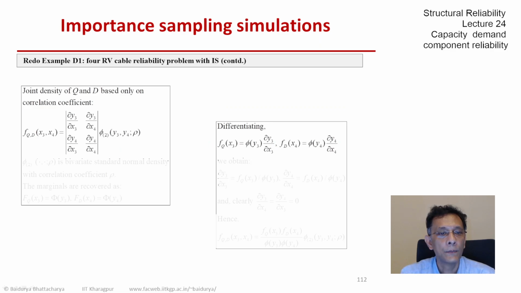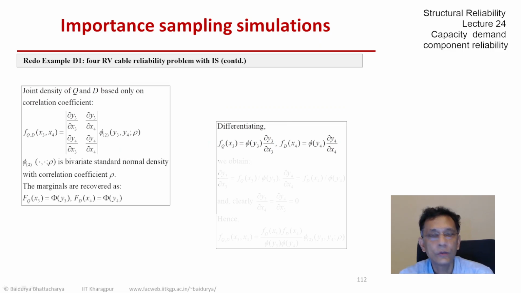Once we have the joint density function, we can obtain the marginal distributions, and the marginals are recovered from the CDF to CDF transformation.